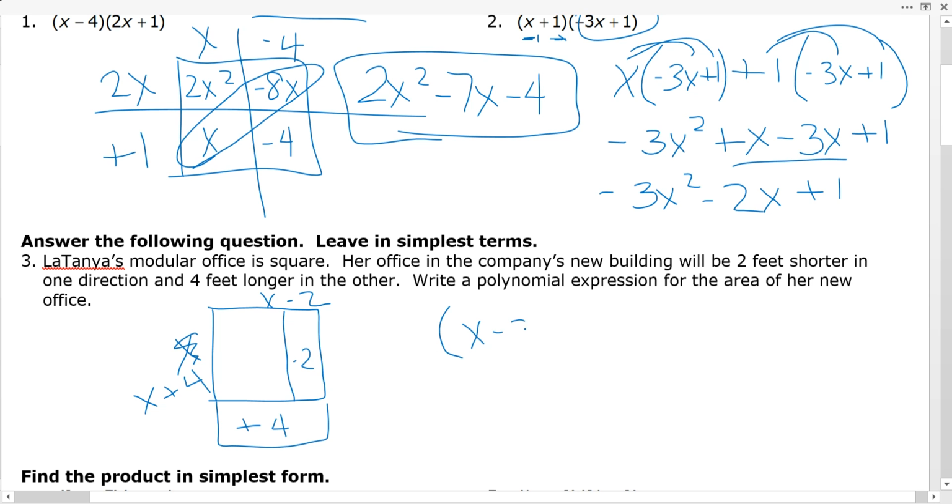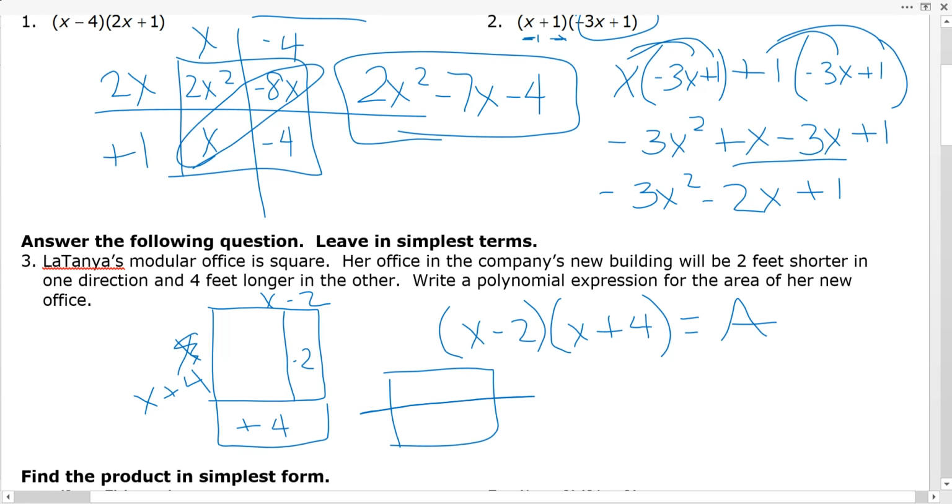So we're going to multiply x minus 2 times x plus 4. That's going to be the area of her new office. So, x plus 4, x minus 2, x squared, minus 2x, plus 4x, minus 8, x squared, plus 2x, minus 8.